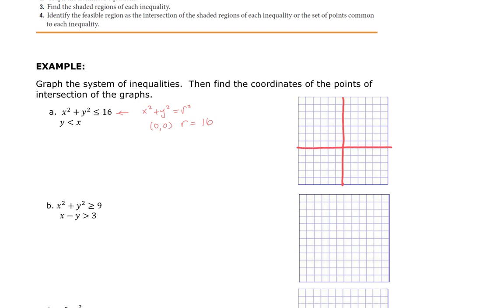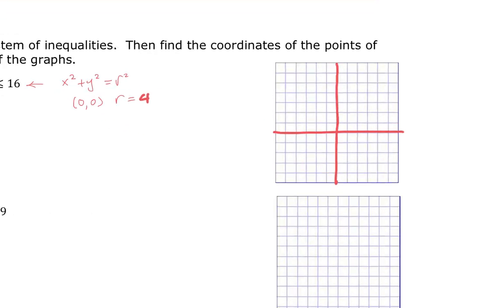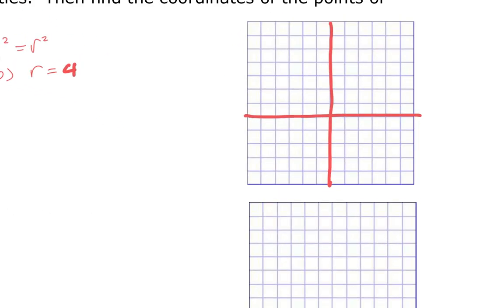And the radius is not 16, it's 4. So I'm going to zoom in and go out 4: 1, 2, 3, 4 in each direction. And I'm going to draw this lovely, almost a circle.